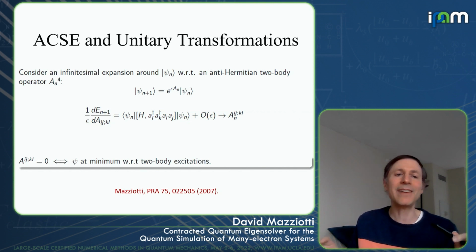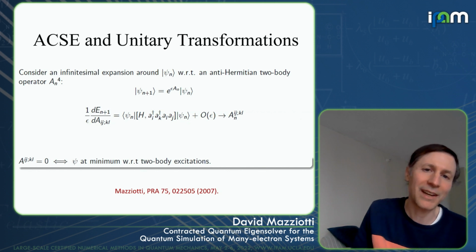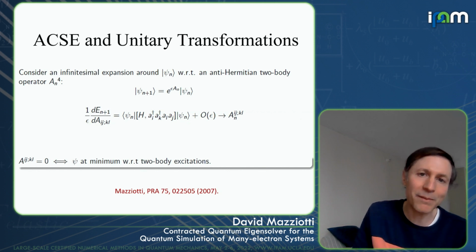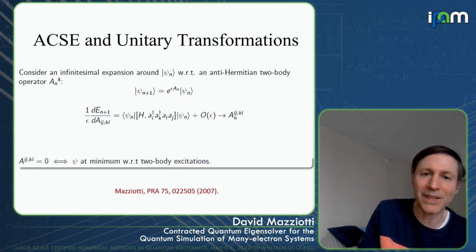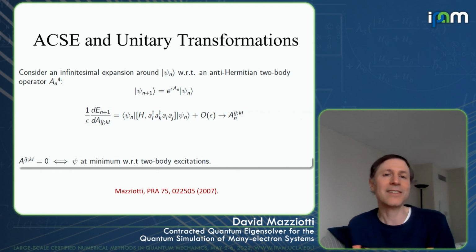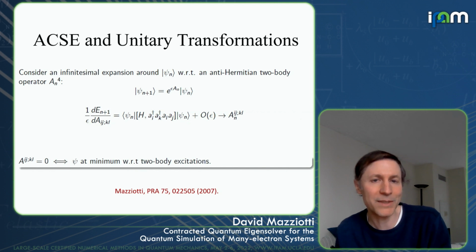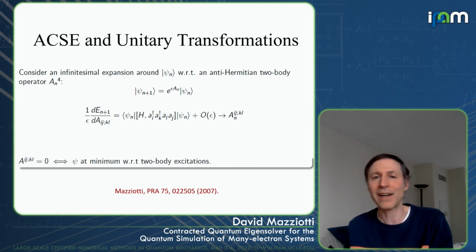And so we have an important link between finding the variational minimum with respect to this Ansatz for the wave function, and finding the zero of the residual of the anti-Hermitian contracted Schrödinger equation.